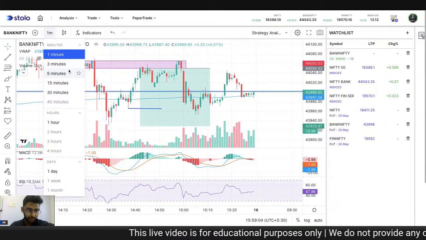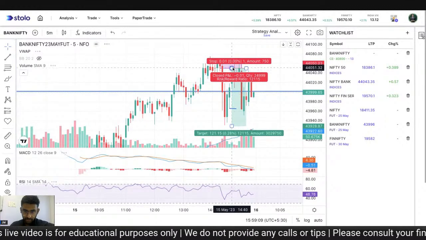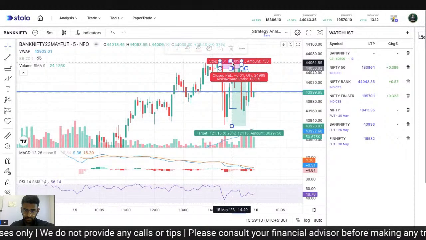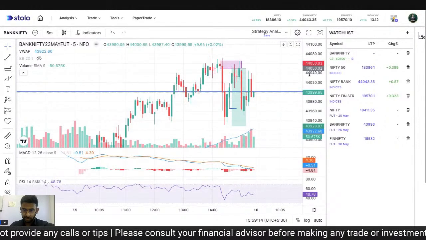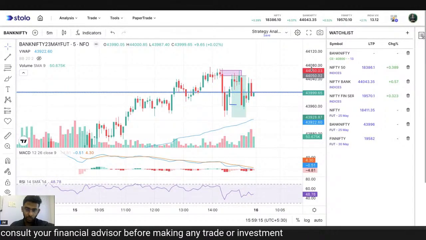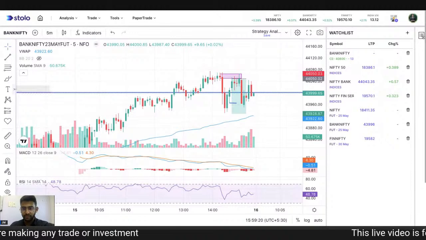So coming back to the 5 minute chart, let me just keep that there. Exactly 44,000 is where the market has ended today, and a very interesting level, right?